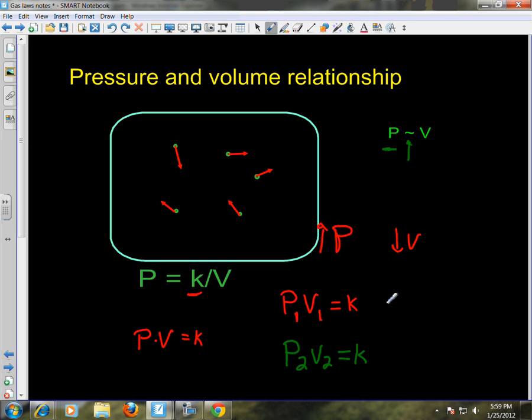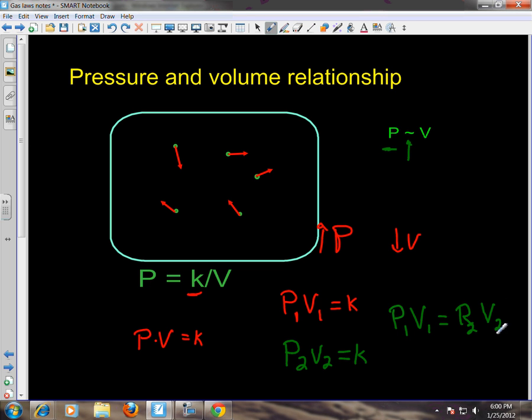If they're both equal to the same constant, we should be able to substitute in. If I know the pressure and the volume in situation 1, and I know the volume in situation 2, then I should be able to calculate my pressure in situation 2, that's a P by the way, just by knowing my volume.